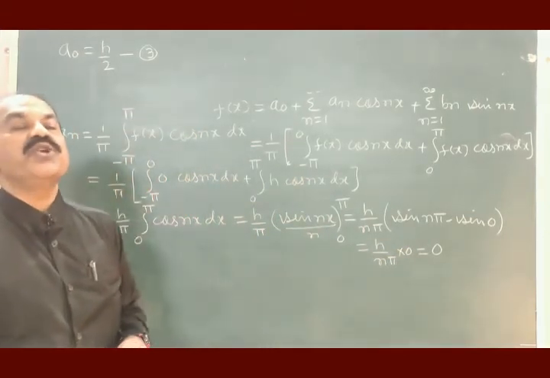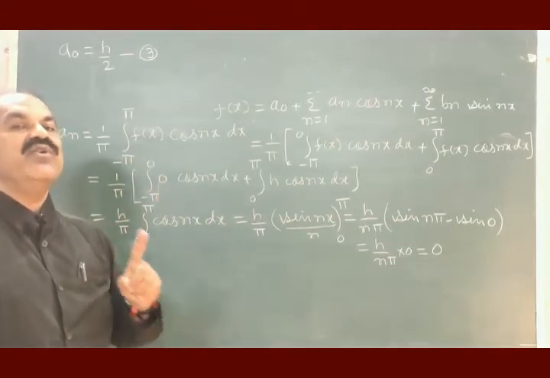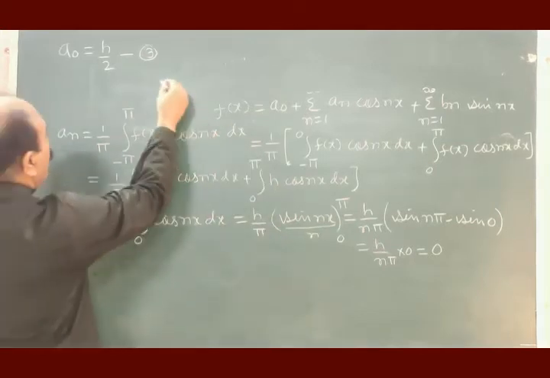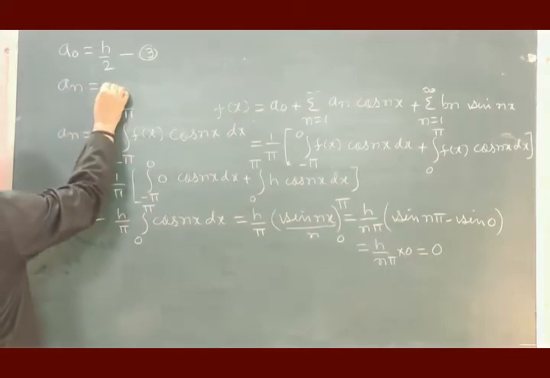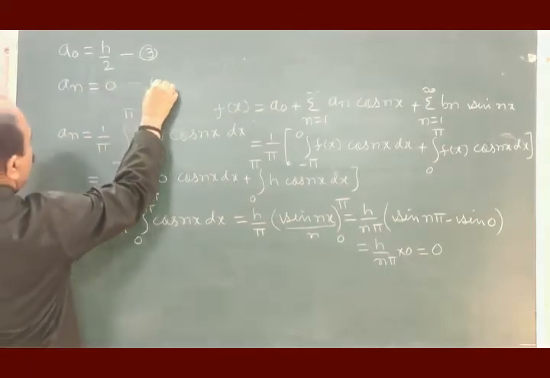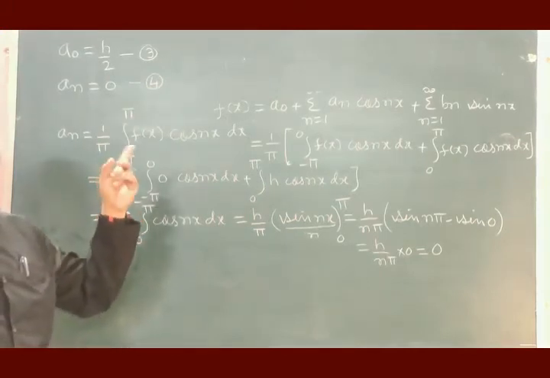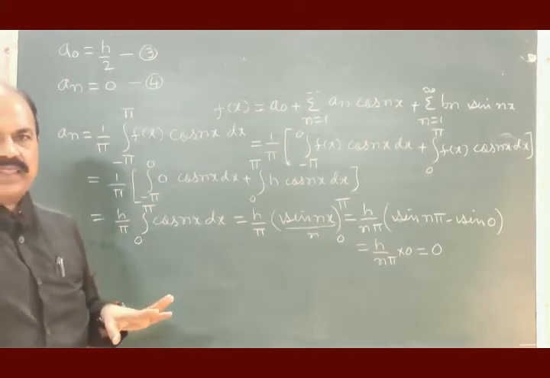So, evaluation of An for the square wave gives 0 value, and therefore let me write here An is equal to 0, equation number 4. An evaluated as 0, equation number 4.